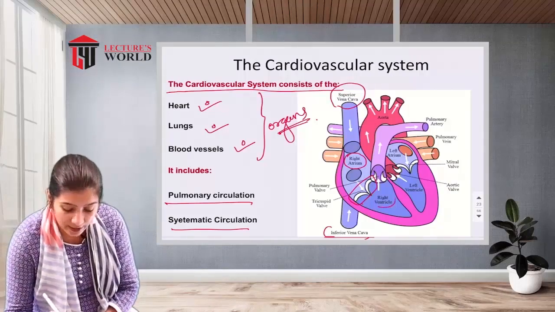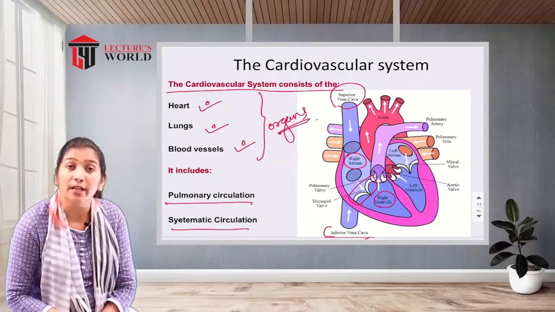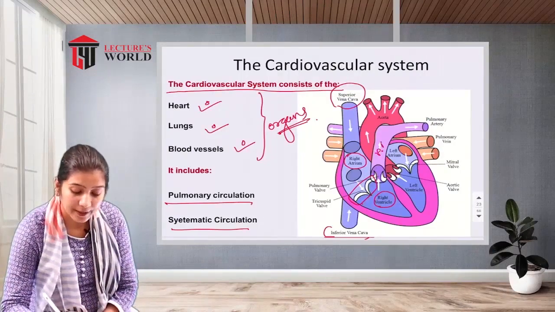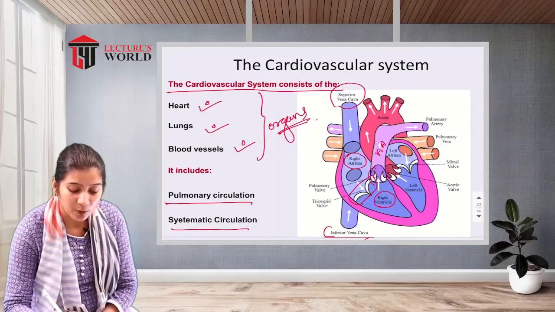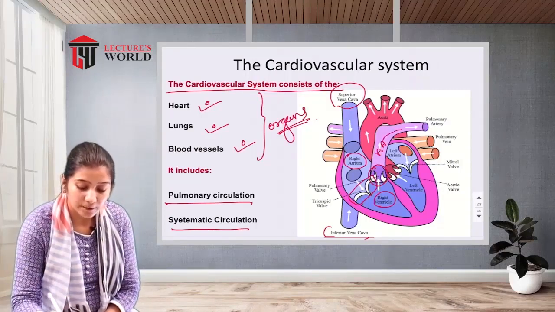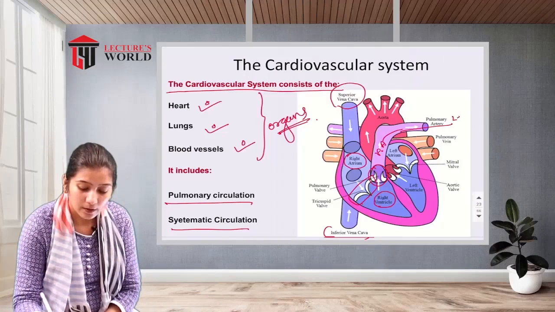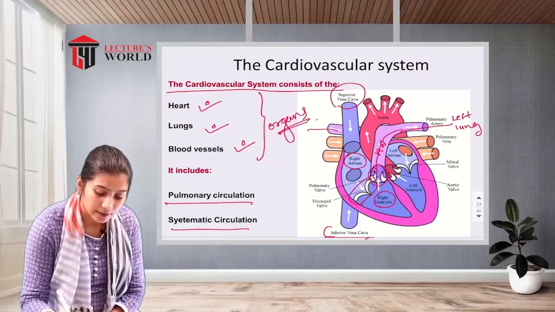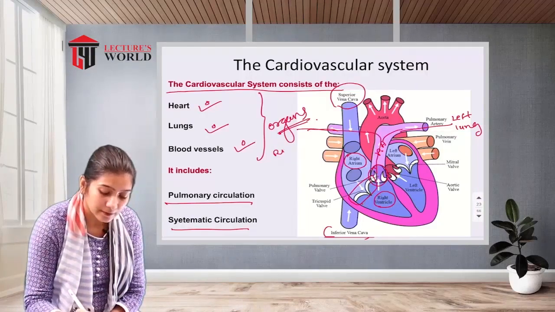From the right ventricle, the deoxygenated blood goes into the pulmonary artery with the help of the pulmonary valve, and it is divided to go to the left lung and the right lung.